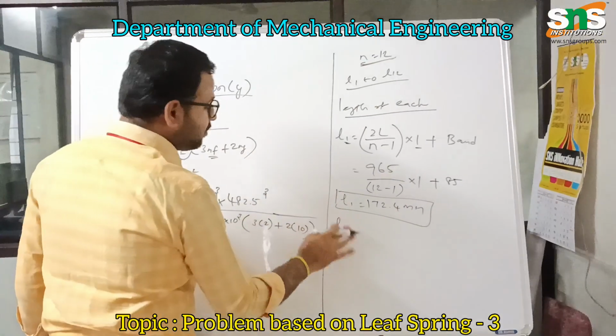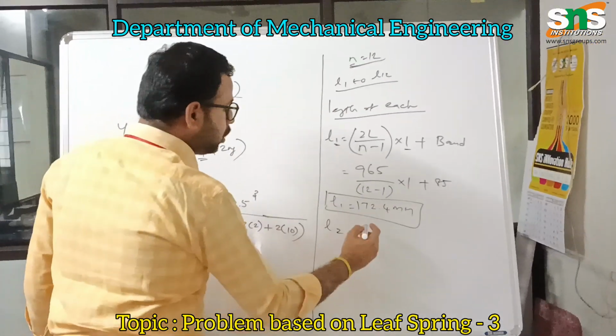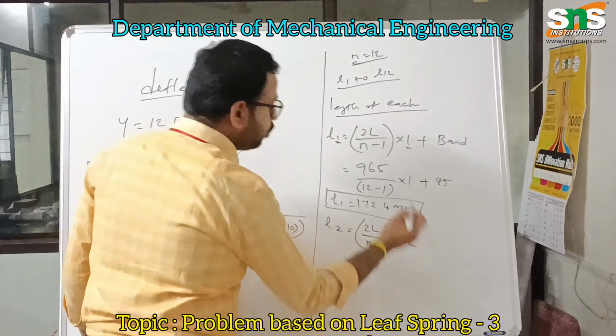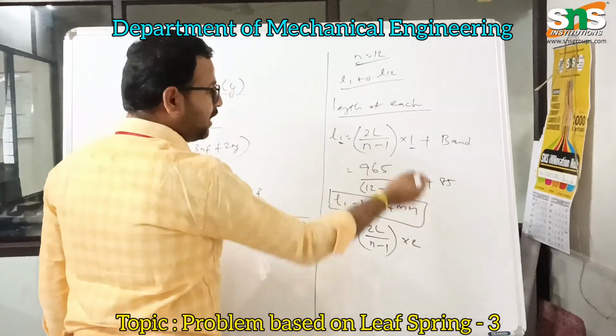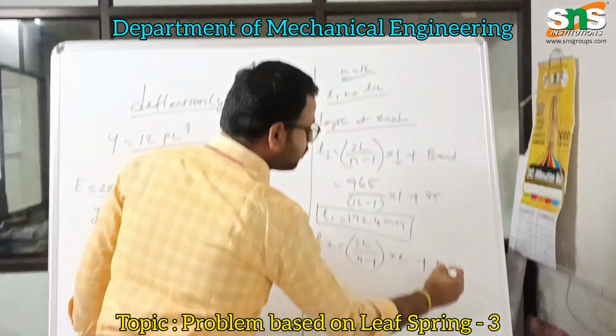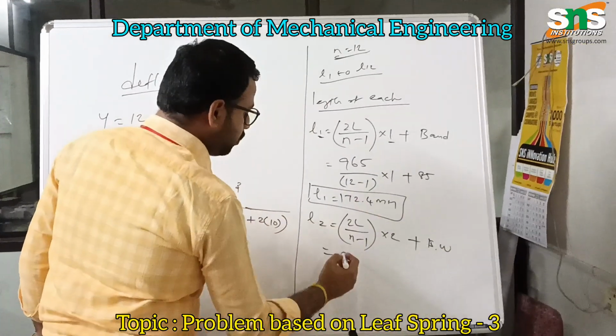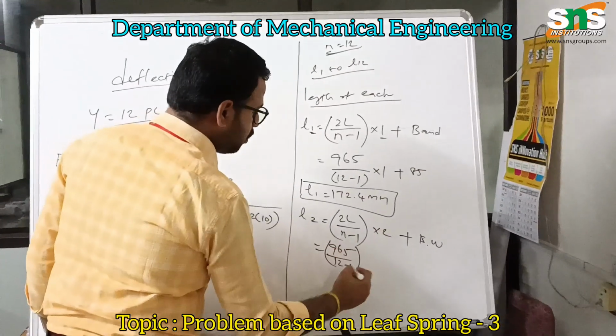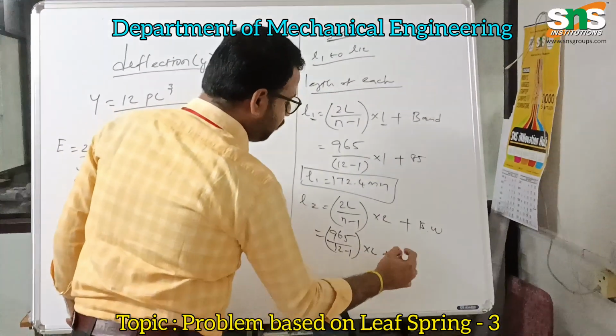Now for example L2 is equal to 2L divided by n minus 1 into 2, plus the bandwidth. Now the interchange: here it was 1, now here it is 2. So the same 965 divided by 12 minus 1 into 2, plus 85.